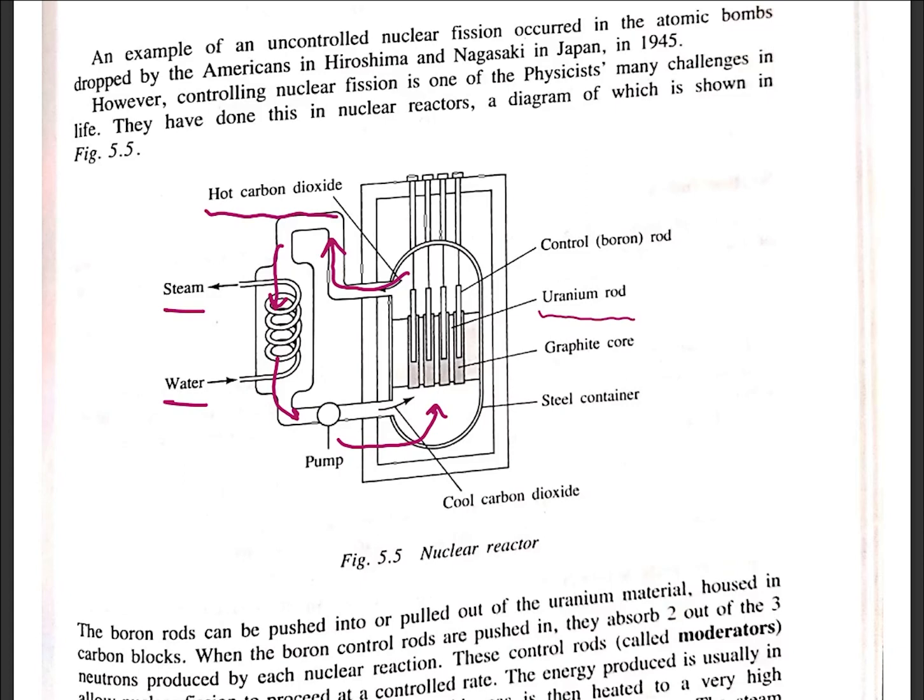The problem is that the radiation coming from the uranium, even if it does interact with carbon dioxide, the radioactive carbon dioxide is not fatal for human consumption. So even if it does escape to the environment, it's not going to eventually kill us. But if radioactive water escapes, of course, because this is steam, it's probably very likely that it's leaking from some point, gradually, slowly.